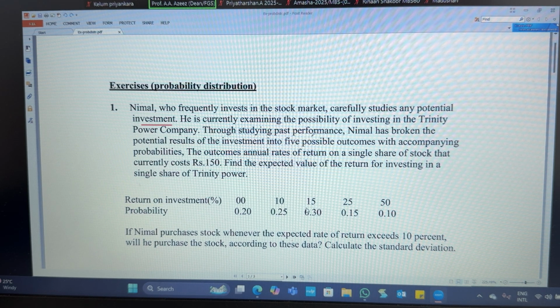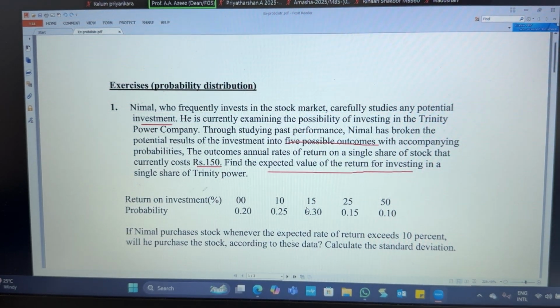Through studying past performance, Nimal has broken the potential results of the investment into 5 possible outcomes with accompanying probabilities. The outcomes are annual rates of return on a single share of stock that currently costs rupees 150. Find the expected value of the return for investing in a single share of this company.